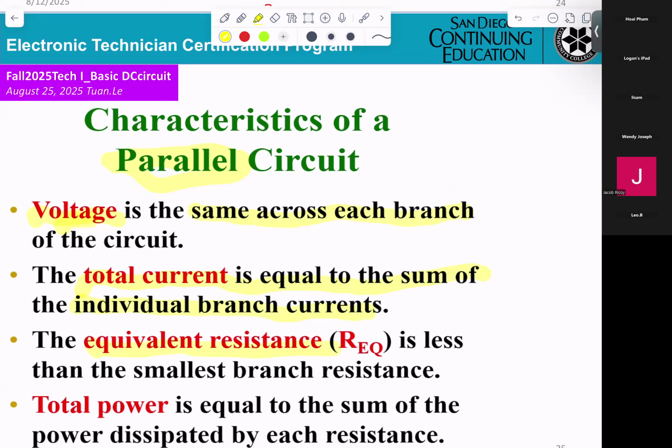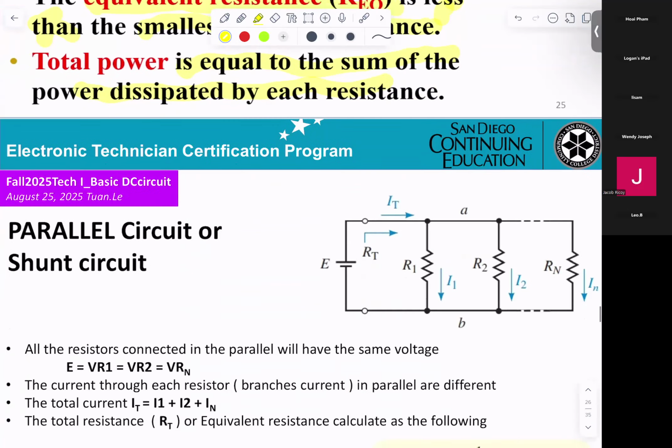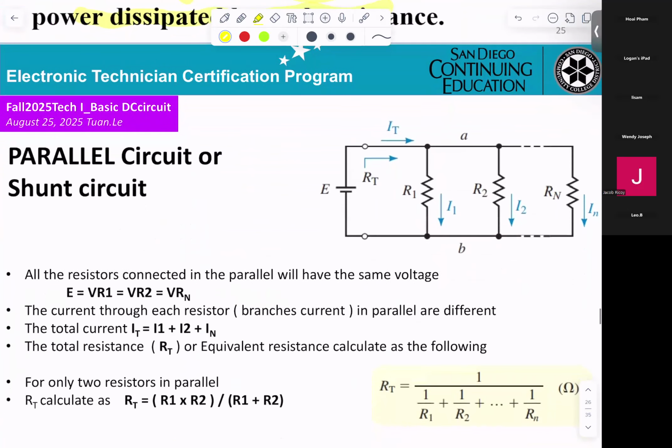Equivalent resistance is less than the smallest branch resistance. Total power equals the sum of the power dissipated in each resistance. This summarizes everything you need for parallel.